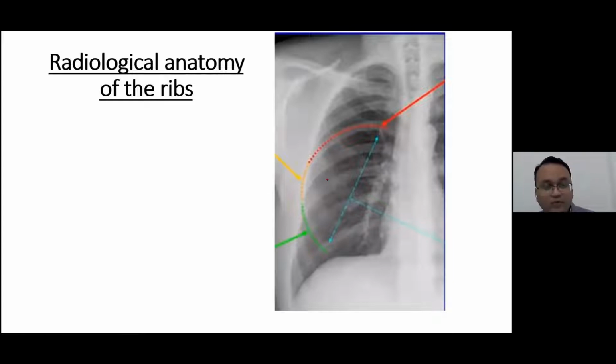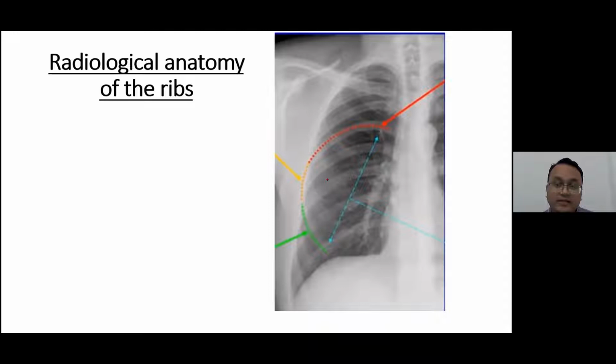Before we finish off with the ribs and the thoracic wall itself, just another important skill for young doctors is to be able to understand what they're looking at when reading an X-ray.